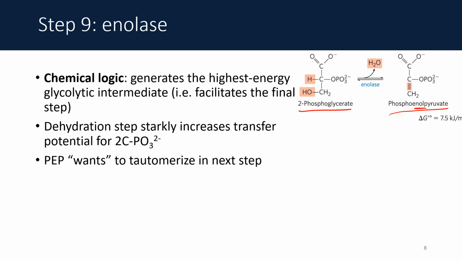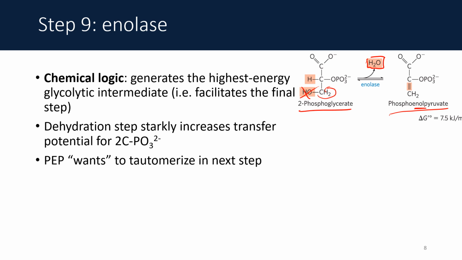And the way it achieves this is by eliminating and thus dehydrating the alcohol on C3, which will prompt the rearrangement of those electrons over there to form an alkene, essentially.